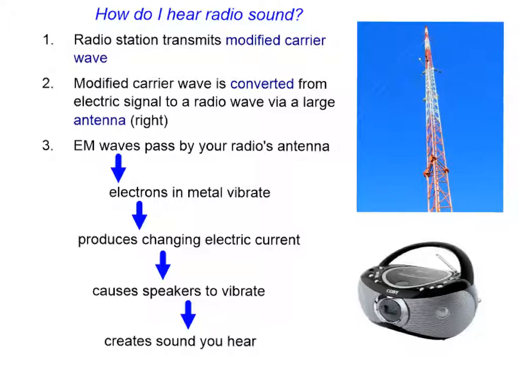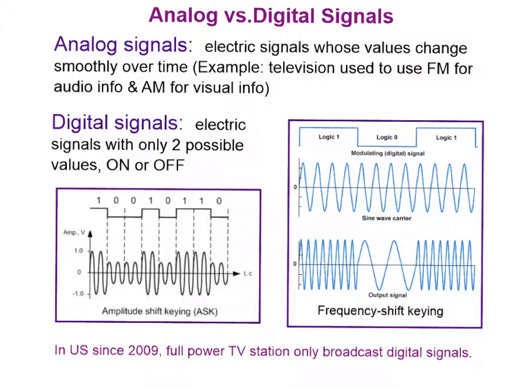In a broadcast antenna, the vibrating electrons produce an electromagnetic wave that travels outward in all directions from this antenna. Those electromagnetic waves end up passing by your radio's antenna, like this one, and then that causes electrons in the metal to vibrate, which produces changing electric current. It causes your speakers to vibrate, which creates the sound that you hear.